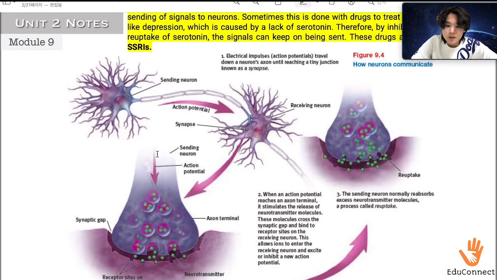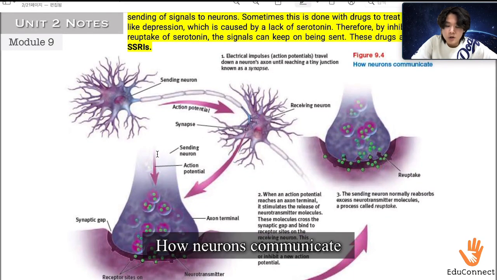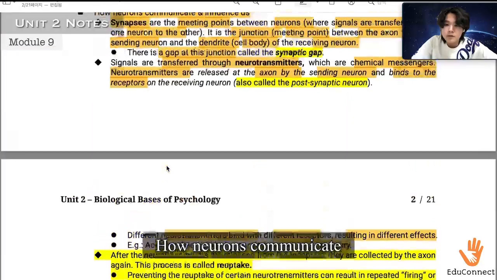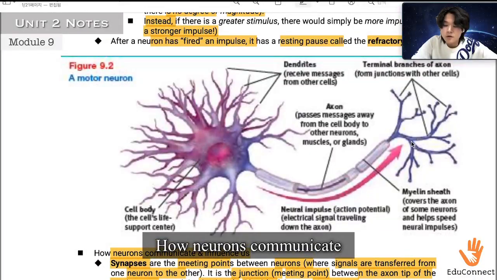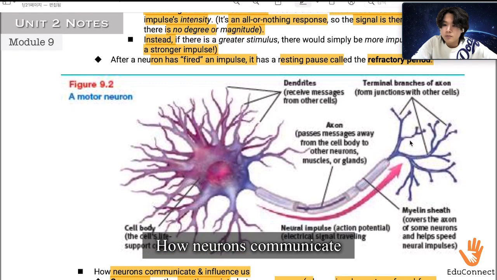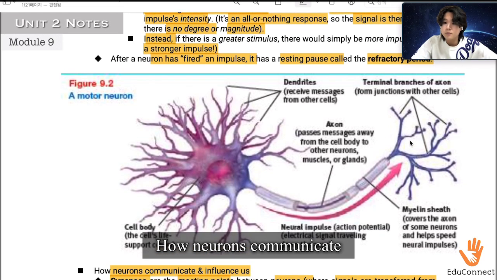So this is an image that you might want to check out. If you see the bottom image right here, the sending neuron sends the action potential towards the axon terminal that we looked at in the previous image, right? So the axon terminal is the top right here. They're also called the terminal branches of axon. They form junctions with other cells, right?